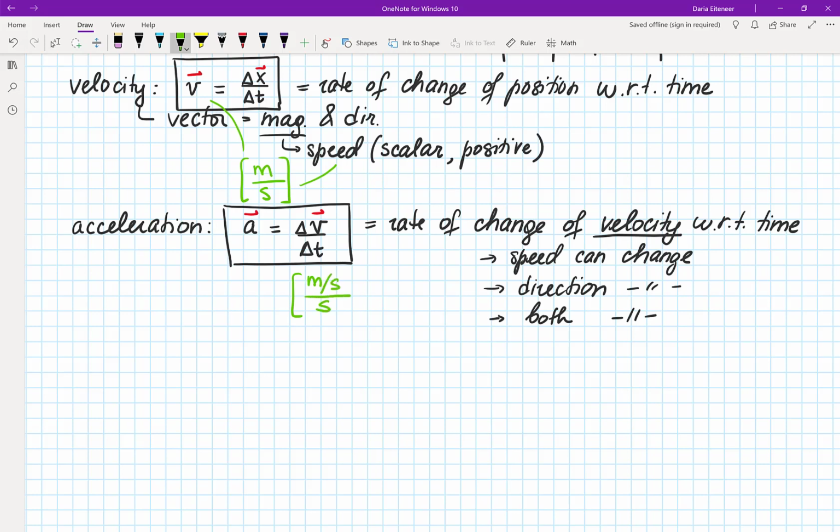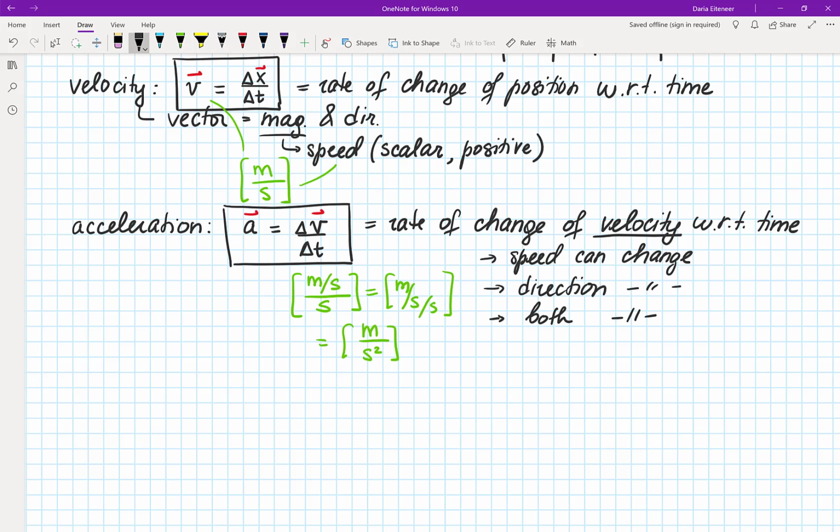Time is in seconds. So this is written as meters per second per second, or more commonly, abbreviated as meters per second squared. That's the notation for it. It literally means by how many meters per second velocity changes every second.